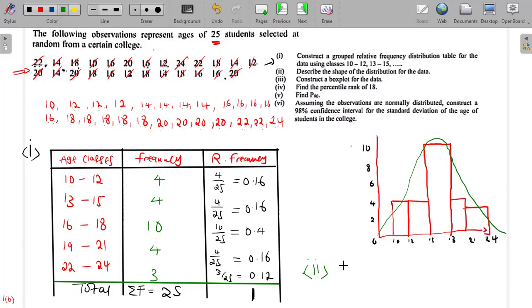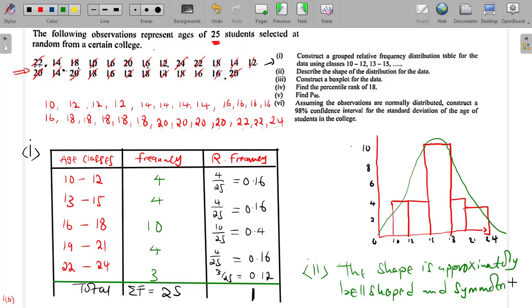Therefore, the shape is approximately bell-shaped and symmetric. So that's how you can describe the shape of the distribution of that data.